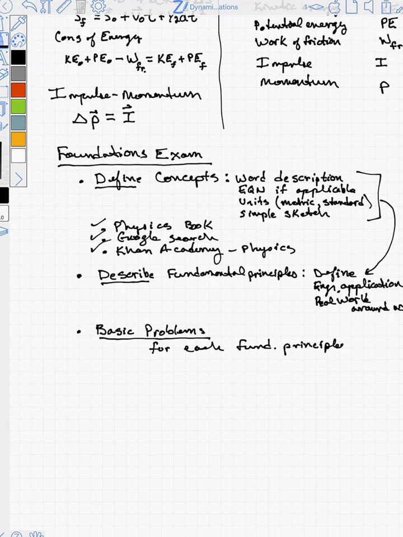So on your foundations exam, you'll see some kind of fill-in-the-blank type questions, or rather essay type questions for defines and describes, but then some problem type questions on the fundamental principles.